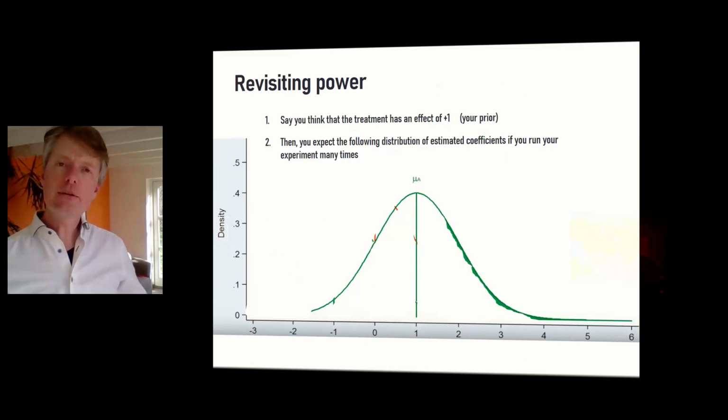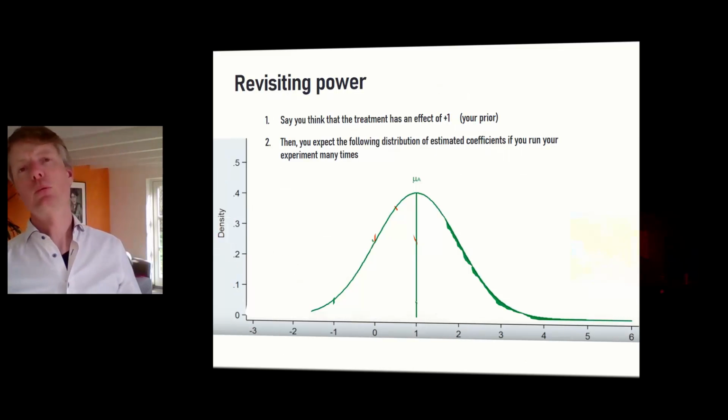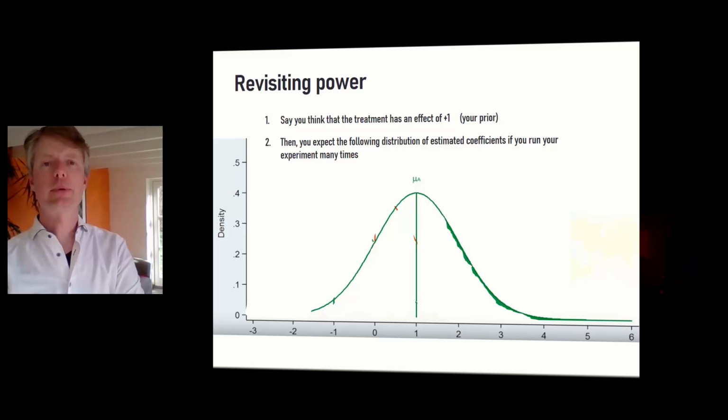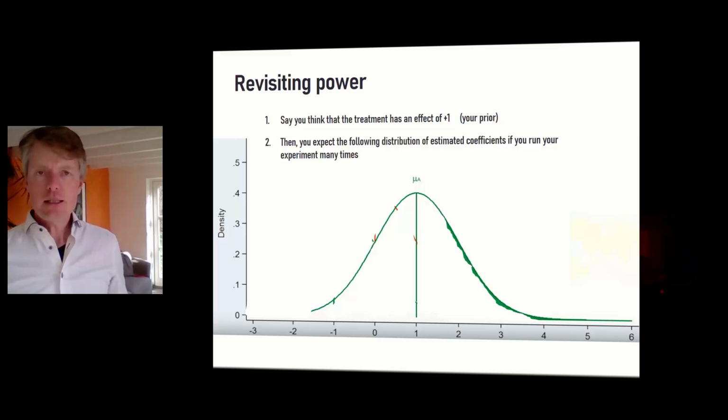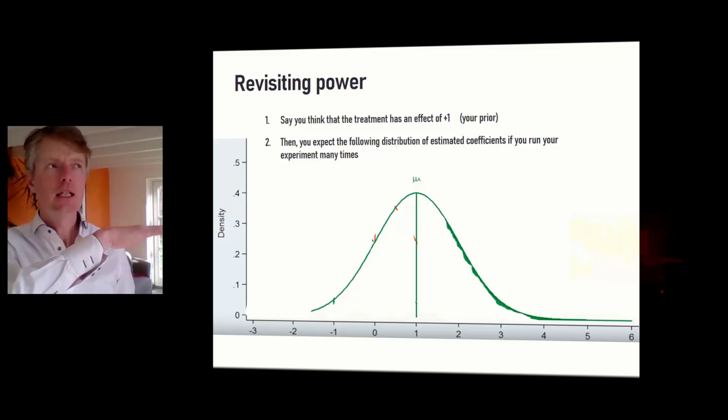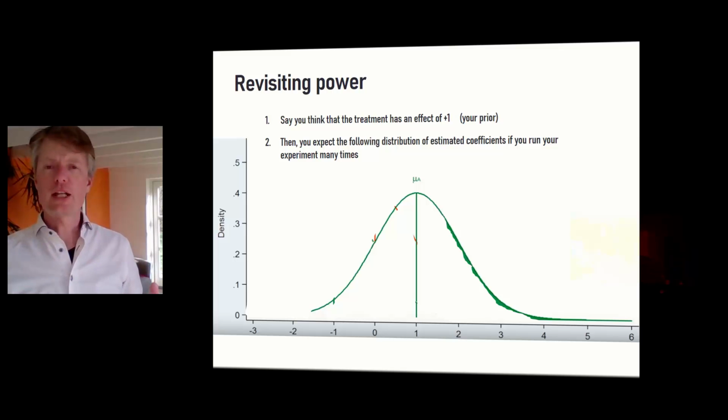Let me briefly revisit power. If you want to know more details, then go to the knowledge clip from Econometrics 1. Say that you think that your treatment has an effect of +1, so that is your prior. Then you can actually plot the distribution of estimated coefficients if you run your experiment many times.